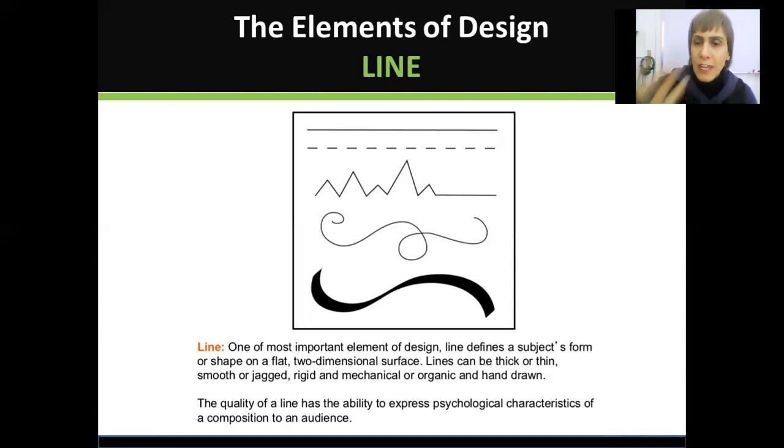What the viewer thinks, what the viewer feels, what the viewer perceives in what you did as a designer. This is very important. And because line is a basic element of design, the way you use it can be very powerful. As I said, you can make a whole design using only line, and it can affect the viewer in a very profound way.